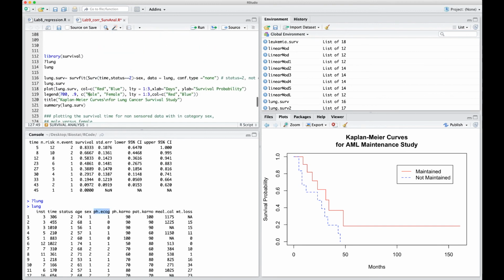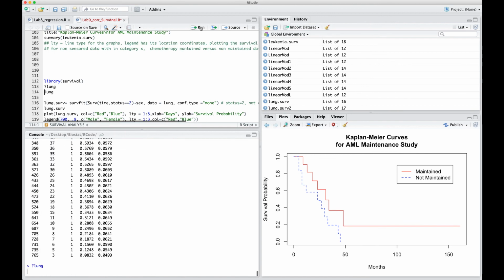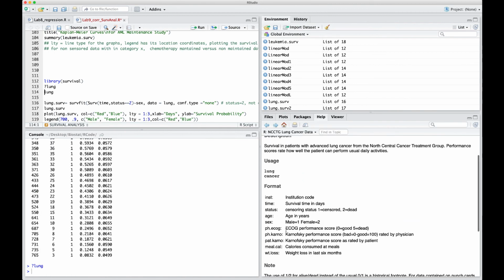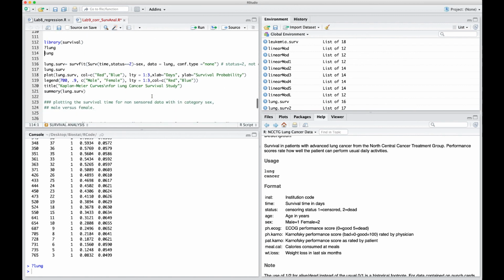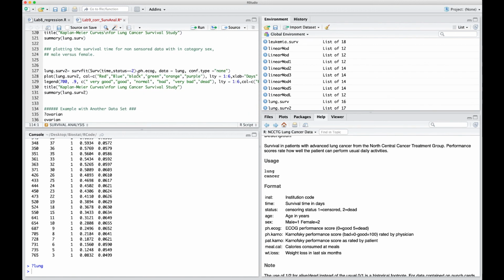If you look at the help, it will tell you that ph.ecog is the ECOG performance score, 0 to 5. So we want to see the survival probability for different ECOG performance scores. That's the next thing we wanted to do here, that's why I put versus ph.ecog.